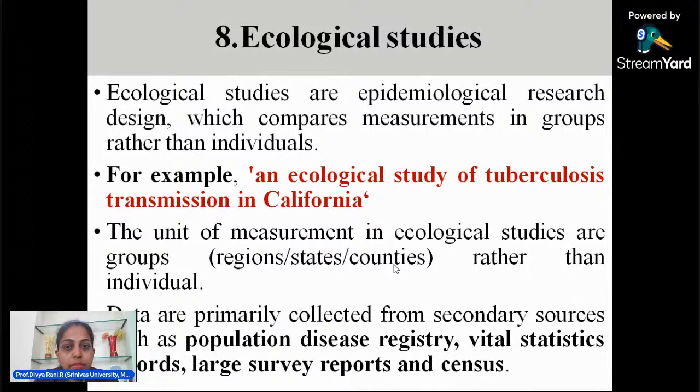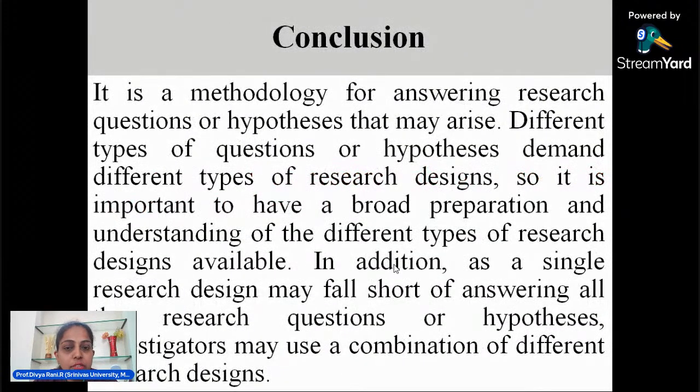You are getting the measurable values of a particular region. How many people have been suffering with tuberculosis in that region? In California, how much? In other regions of the USA, how much is it? Like that, you are checking the effect of a particular disease in a group. Then you call it an ecological study. You usually get data for these ecological studies from disease registries.